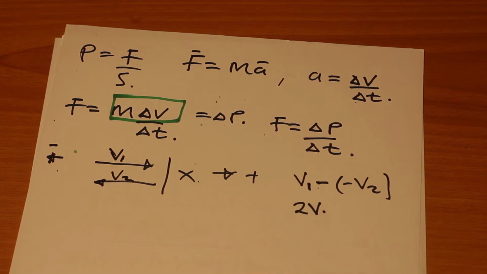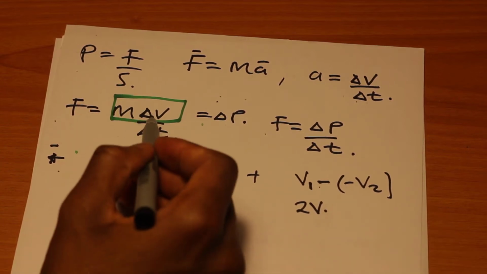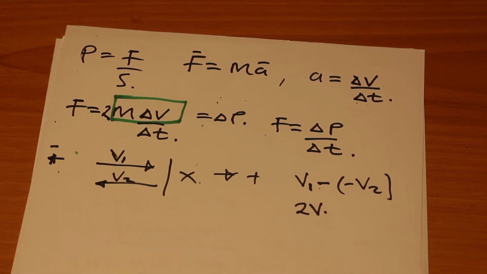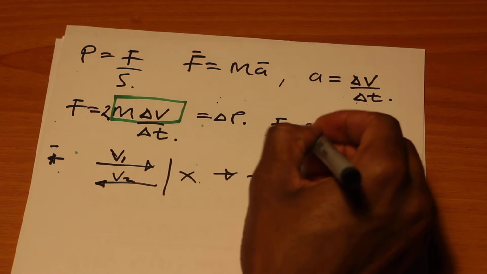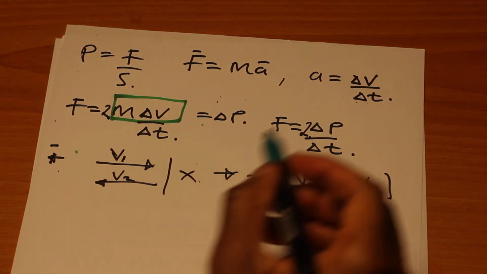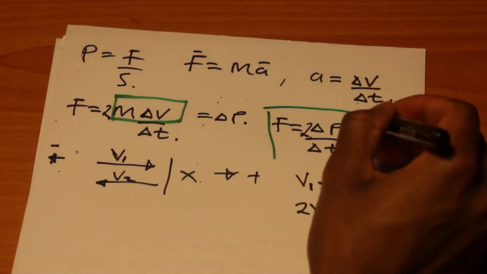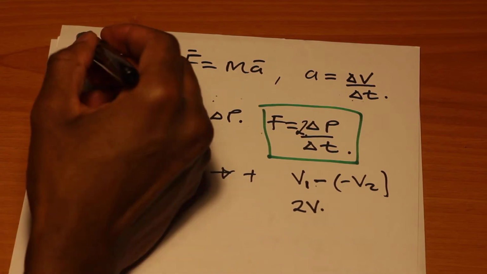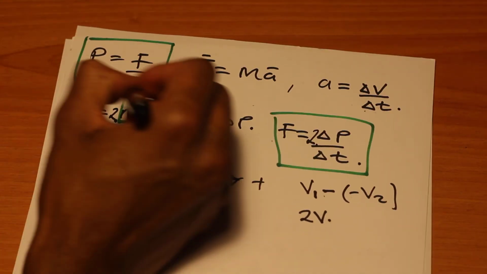This tells us that there is a 2 times change in velocity. Therefore, we can put a 2 in front, which gives us a 2 also here. From here, we try as much as possible to remember these formulas where force is equal to 2 times the change in impulse over the change in time. We also have pressure, which gives us force over area.